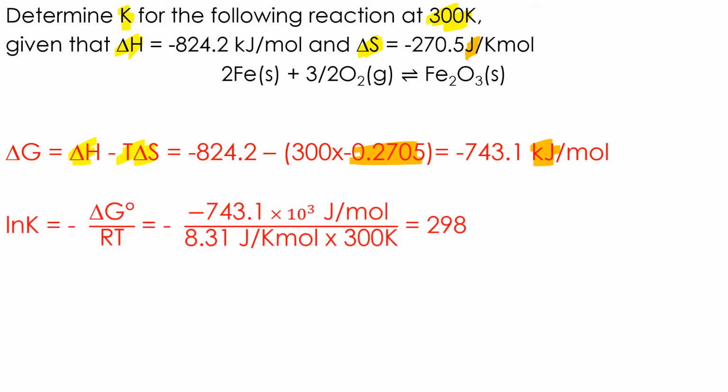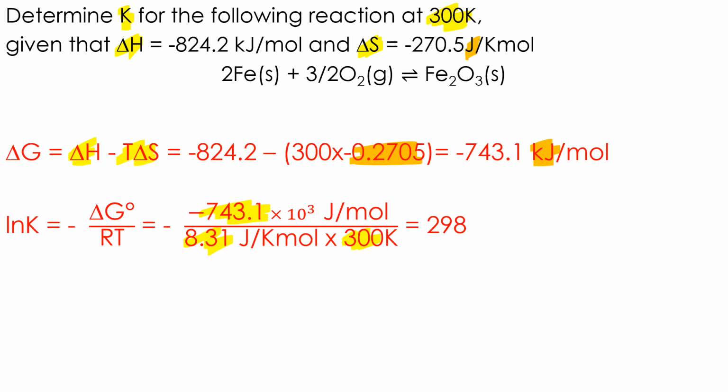Then we have the formula that we just discussed. ln K is equal to negative delta G naught over RT. We have the value for delta G that we just calculated. We have 8.31, which is the gas constant. Then we have 300 Kelvin.